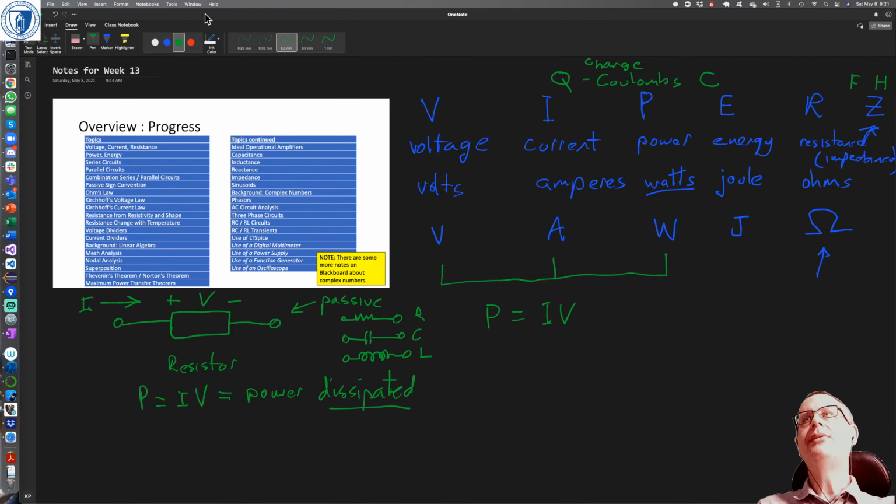So this polarity for current and voltage satisfies what we've called the passive sign convention.